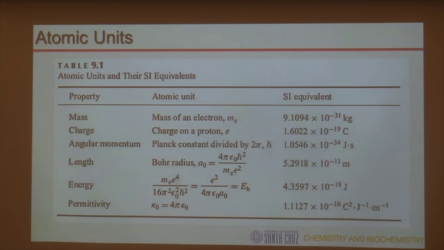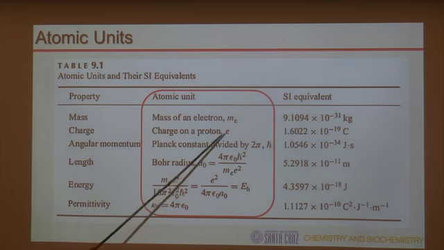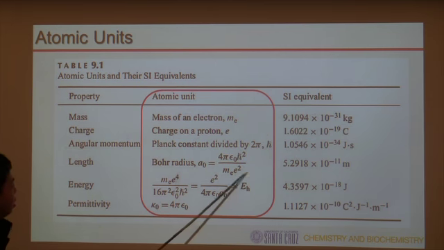If we ask you to write something in atomic units, you simply define all these quantities equal to 1. For example, the mass of the electron equals 1, the charge of the proton, e, equals 1, and the Bohr radius equals 1. This will greatly simplify your expression, and we will see examples here.